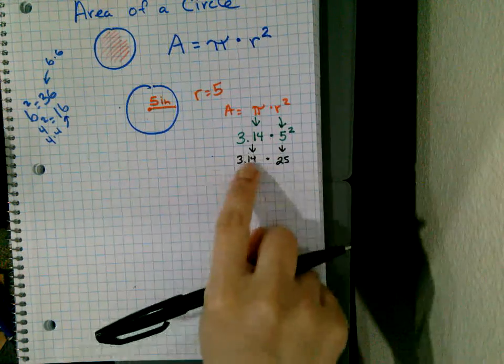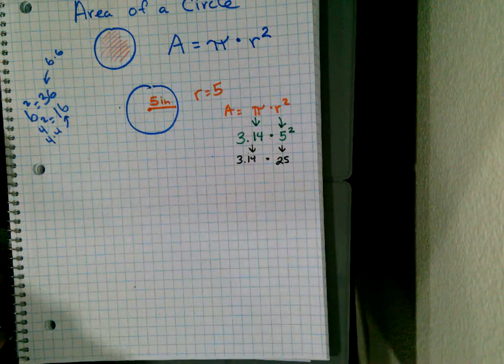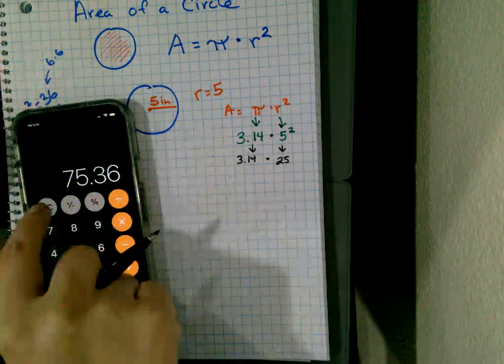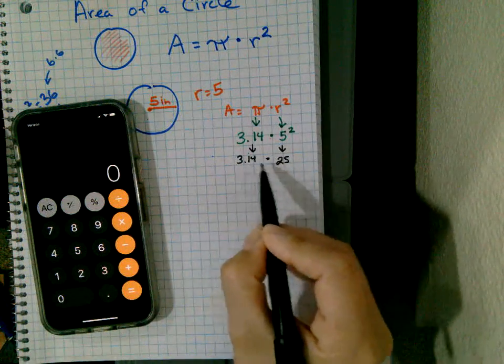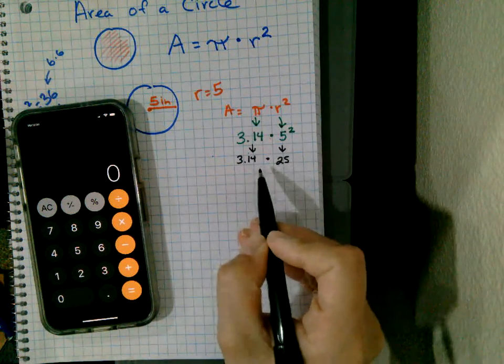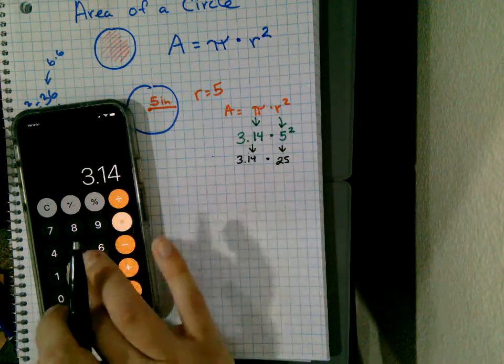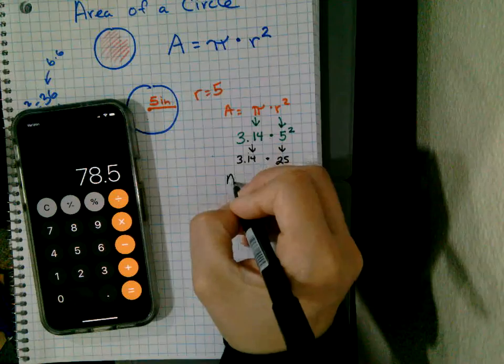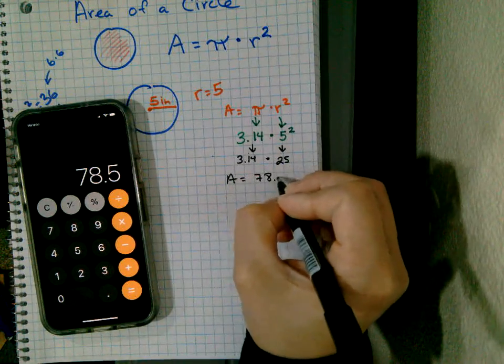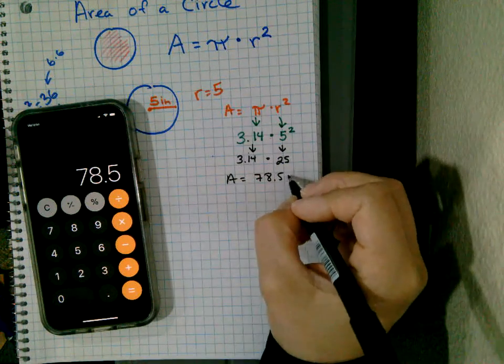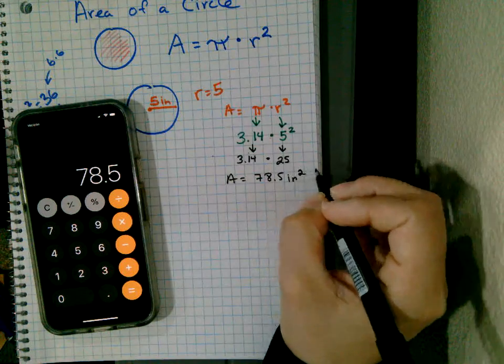So in order to find the area, I got to multiply these two, right? And of course, use your calculator. You are telling me what you're plugging into the calculator, right? So that's for me showing work. It's like, Miss Amelia, this is what I'm going to plug into my calculator. Okay, so area is equal to 78.5 inches squared.